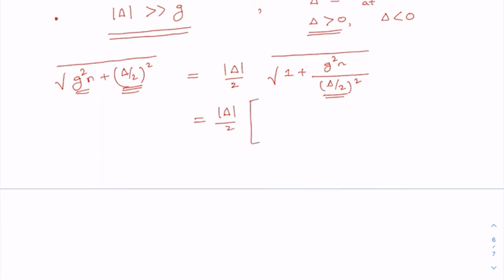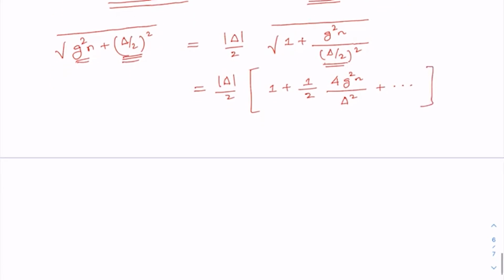So I have 1 plus half of 4Ω²n by Δ², and then you will have all higher order terms. But as you will see, because of the condition that we have, all the higher order terms we can neglect to a good approximation.